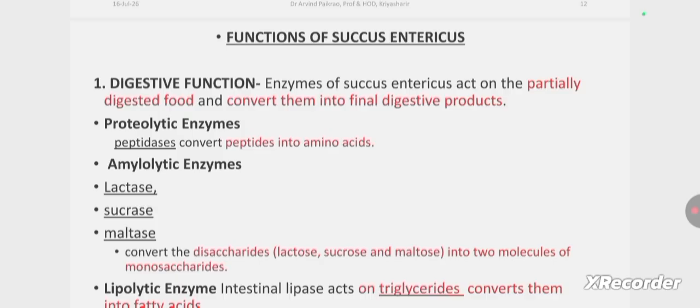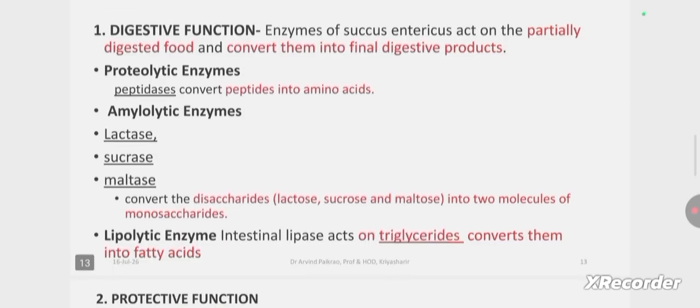Next we will see the succus entericus, first its digestive role. In that digestive role we will see the proteolytic enzymes.